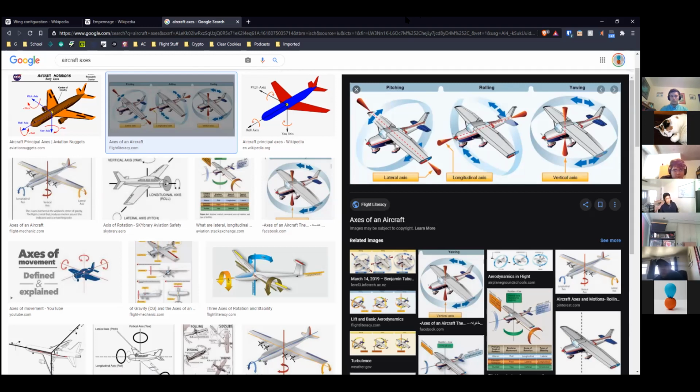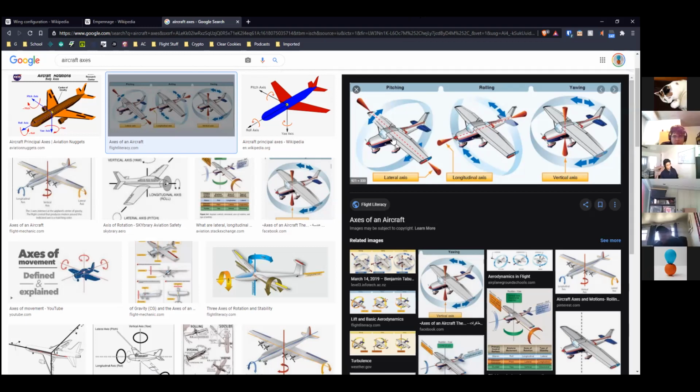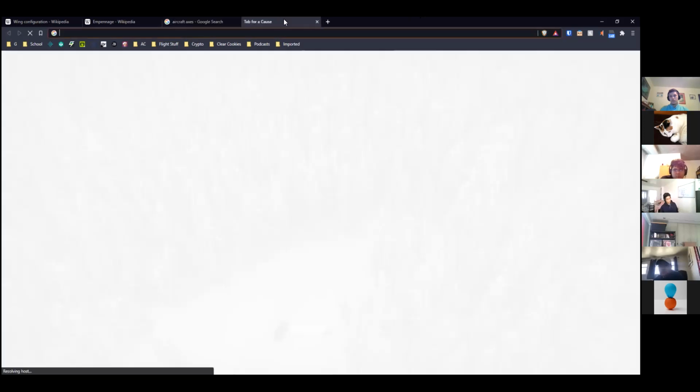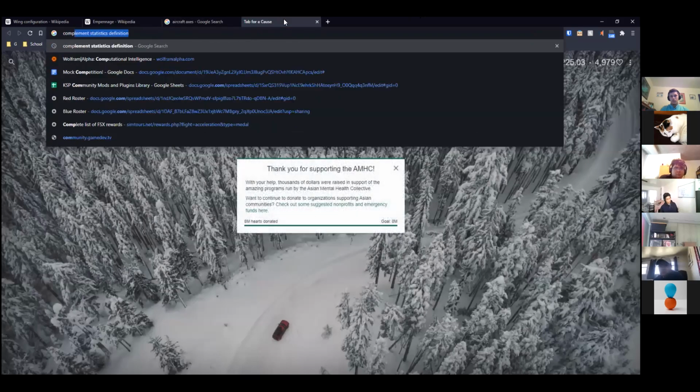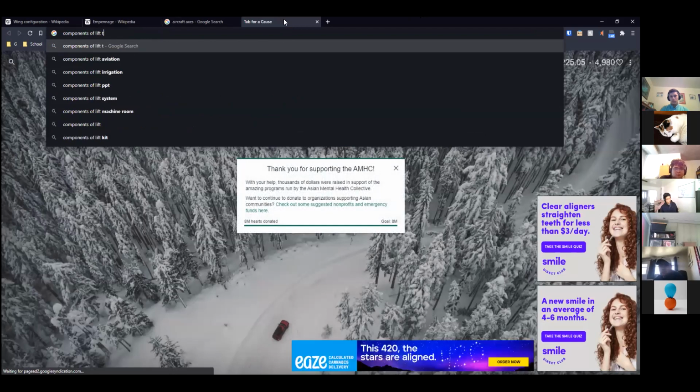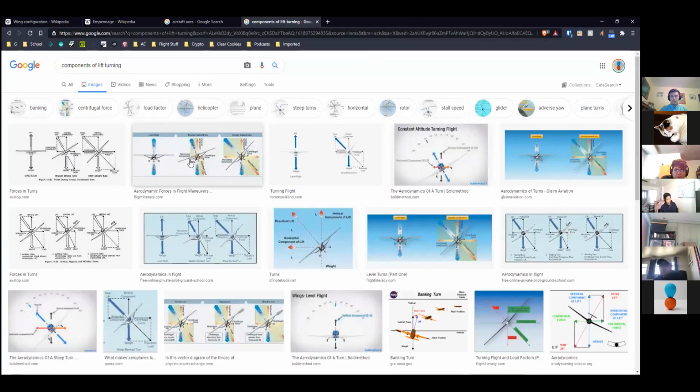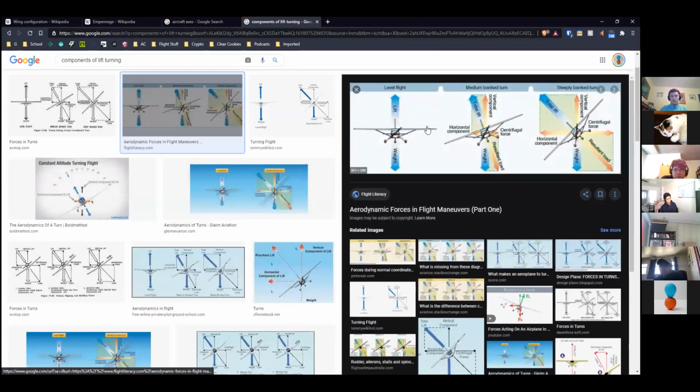But if you want to turn the plane, you change your bank, so you roll over to the side and then hold your pitch steady at 0, and the lift that's pointing sideways is what actually makes you turn. When you're not banked, your lift is just perfectly balancing your weight, and you don't change direction.